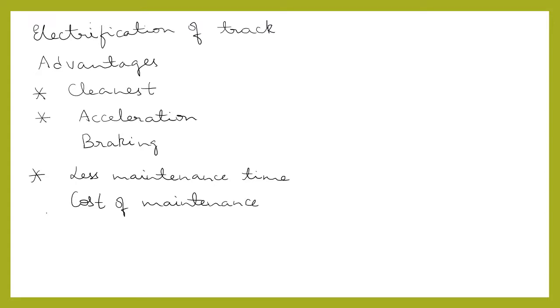Also, an electric vehicle can be put in service immediately, whereas the steam locomotive requires time for warming up. Electric traction is healthier from the hygienic point of view because there is no production of smoke or fumes. Also, the plant, equipment and buildings don't get damaged due to the corrosive action of smoke and fumes.